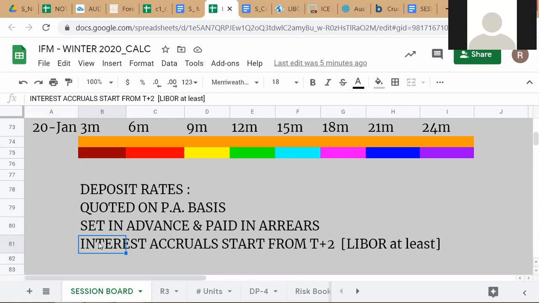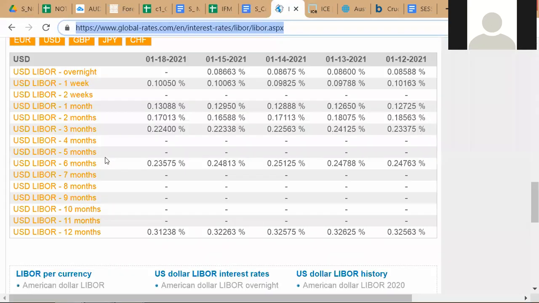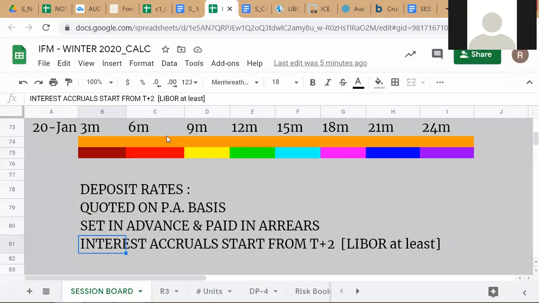Whatever the fixing of the 3-month LIBOR is today, let's say we look at this page and we see 3-month LIBOR is 0.224. That means this 0.224 will apply from Friday. We see the rate, the fixing is today. We assume that 0.224 is the fixing of LIBOR for today, and then this will apply from Friday for the next 3 months.